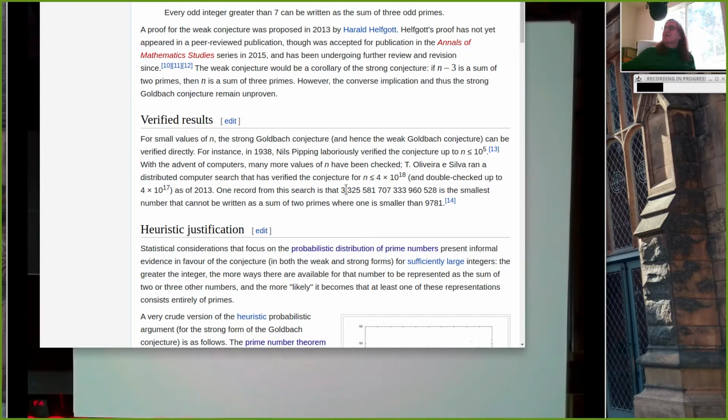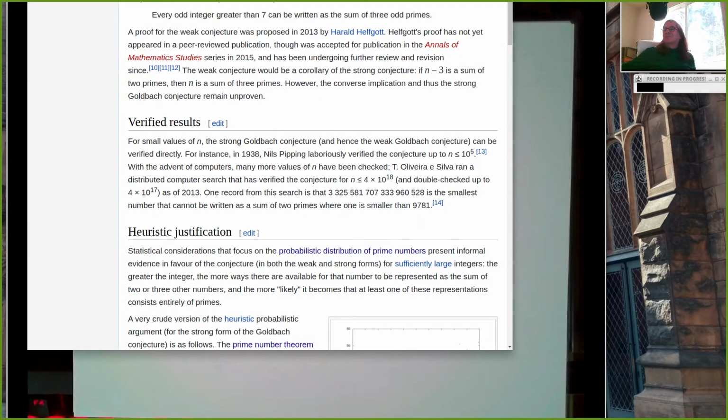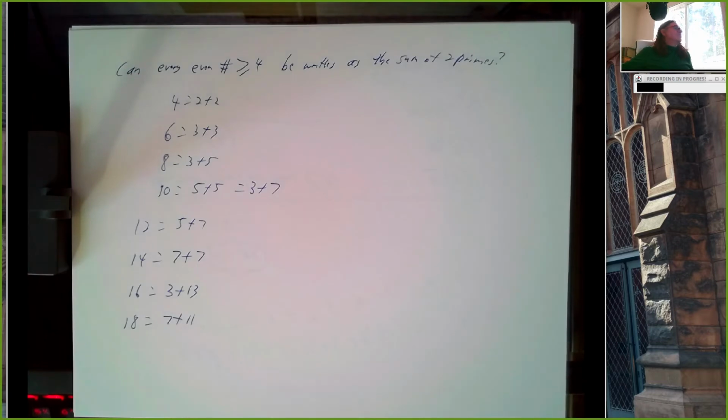And this is the smallest even number that cannot be written as the sum of two primes, or one is smaller than 9,781. Why, I don't know, but if you only work with 4-digit primes, you can do all numbers up to and beyond this large number, but can't prove it, can't disprove it.